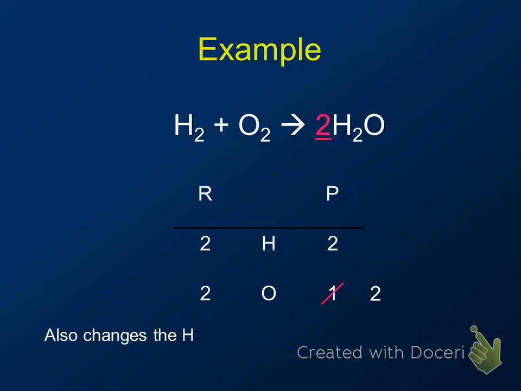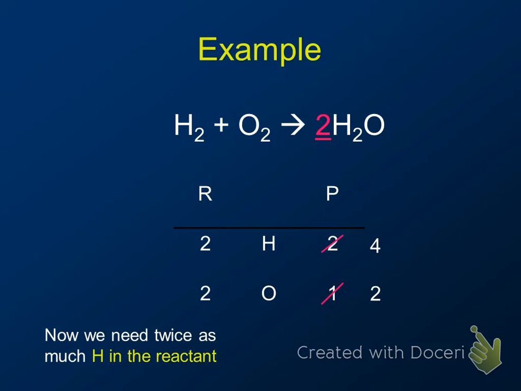Okay? I know that my coefficient of 2 applies to every element behind it. So I now have 2 oxygen and 4 hydrogen, because remember we learned as counting atoms, we multiply the coefficients and subscripts. And that subscript only applies to the hydrogen on the product side. So, did I balance my oxygen? Yes, I did. But what did I do?